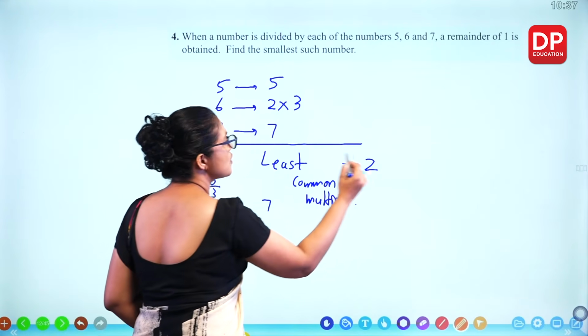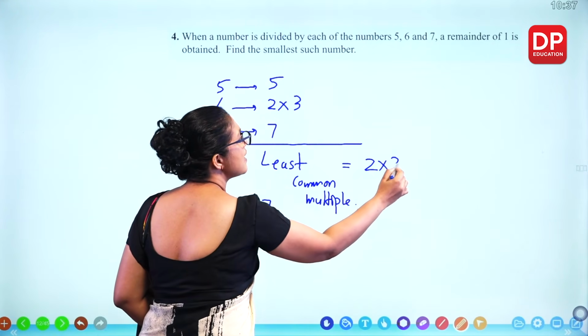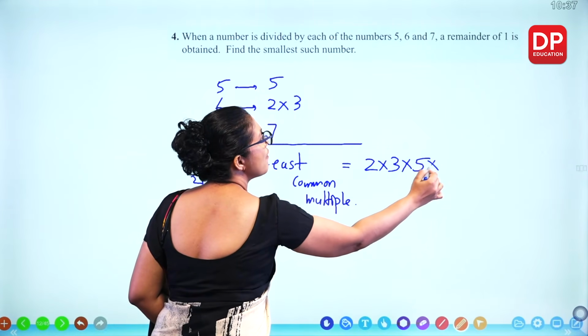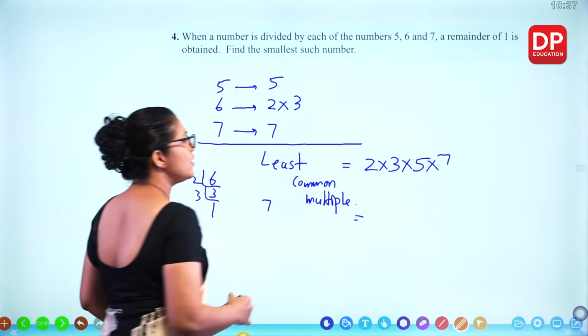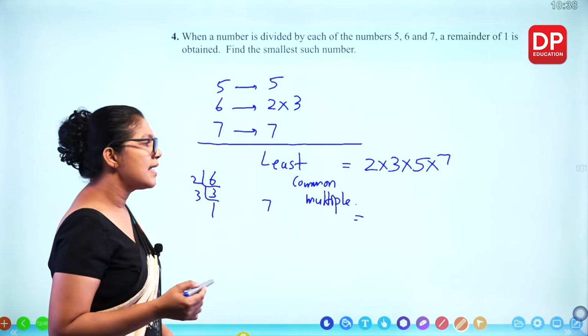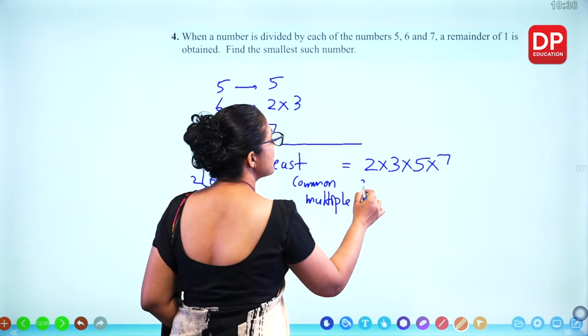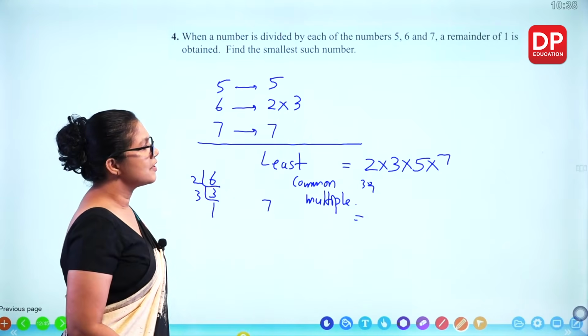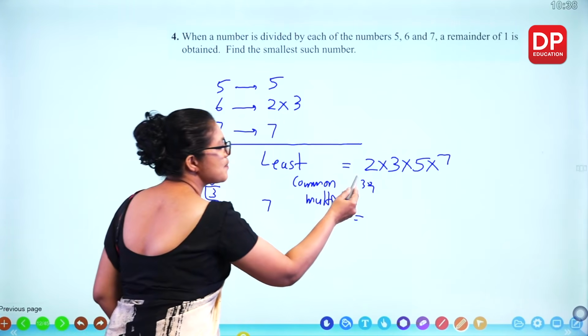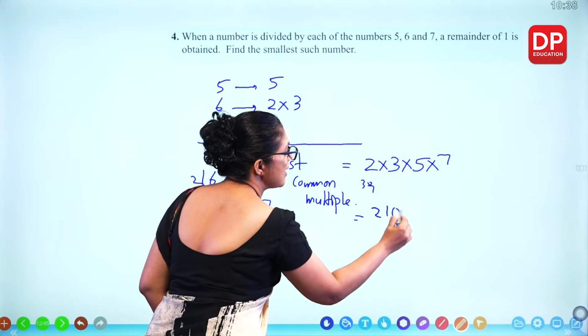Power of 2, that's 1. Power of 3, that's 1. Power of 5, 1. And power of 7, 1. So what's the value? 2 times 3, 6. 6 times 5, 30. 30 times 7 is 210.